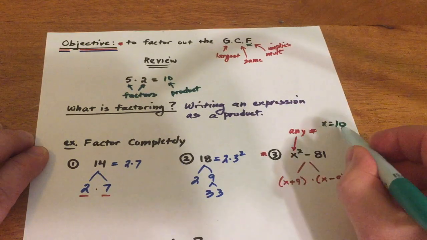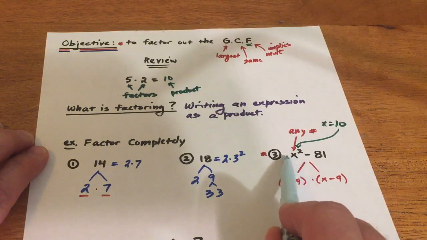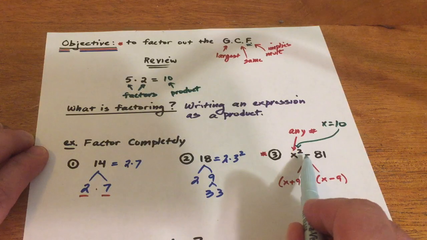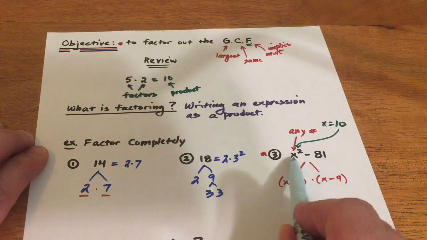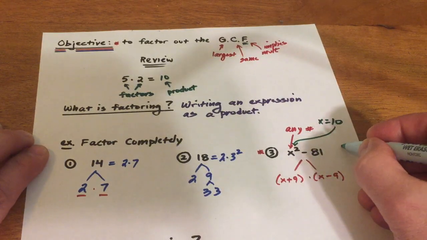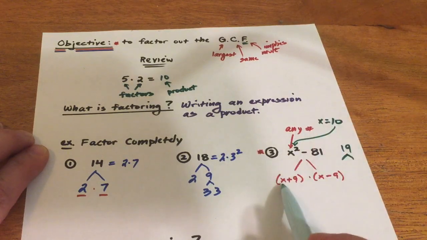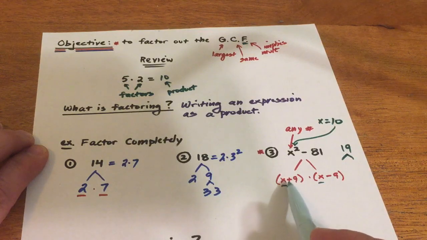And let's plug in the number 10. If we replace the x with 10, we're going to get 10 squared minus 81, right? Well, 10 squared is 100. What's 100 minus 81? That gives us a total of 19, right? But if x is 10, we know that these x's here need to be 10 as well. So let's plug in 10 here. What's 10 plus 9?